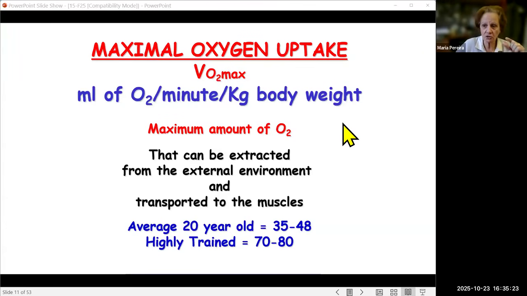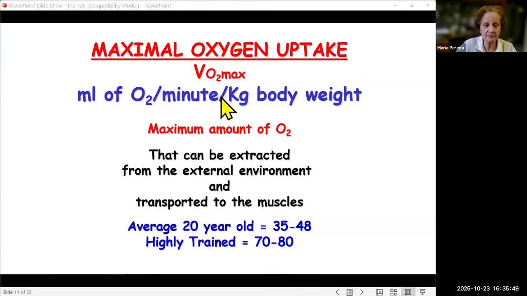This is a measurement that you can assess in an individual: how many milliliters of oxygen an individual can remove from the air they are breathing per minute per kilogram of body weight, and that oxygen to be delivered throughout the cells. And here, what is important, of course, is the muscle fibers.